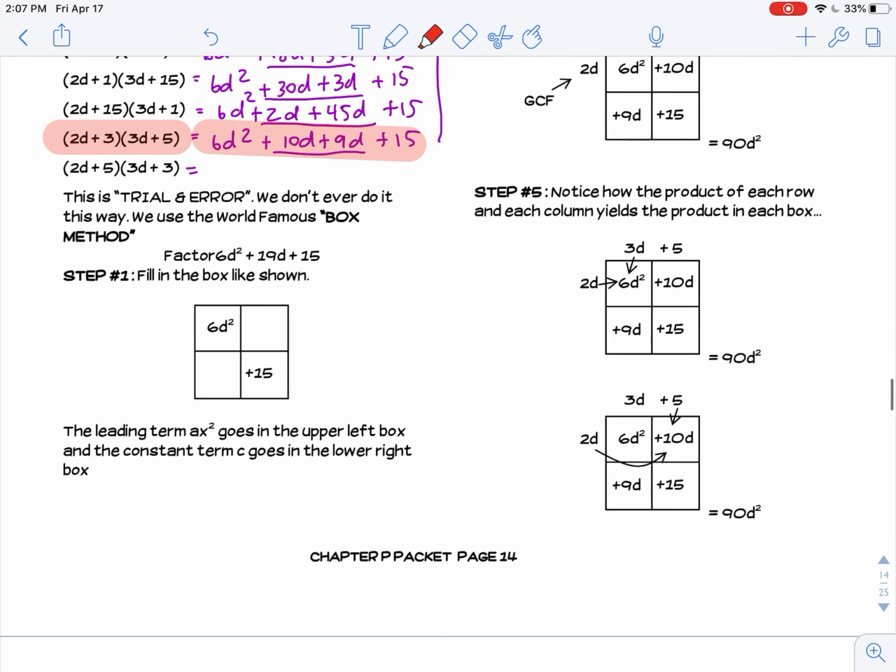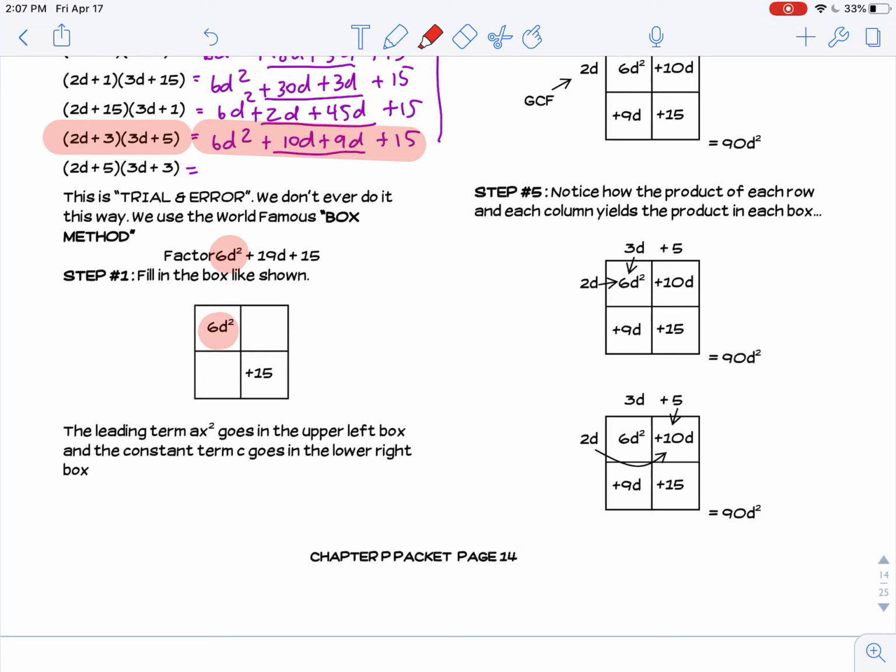Box method factoring comes from the way it looks. We have a box here. How this works: you make a box with 4 boxes inside.